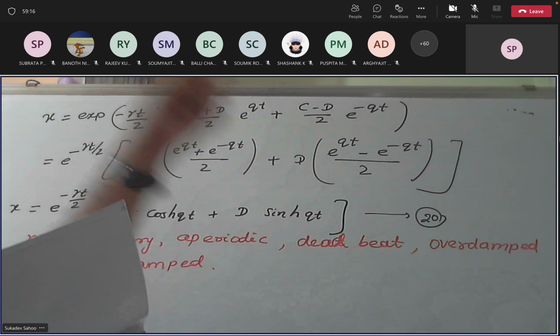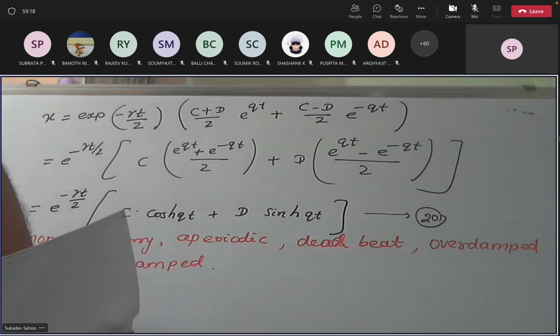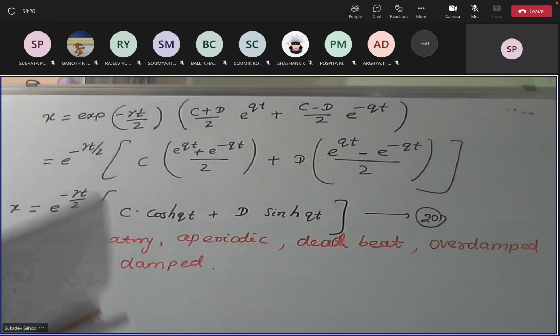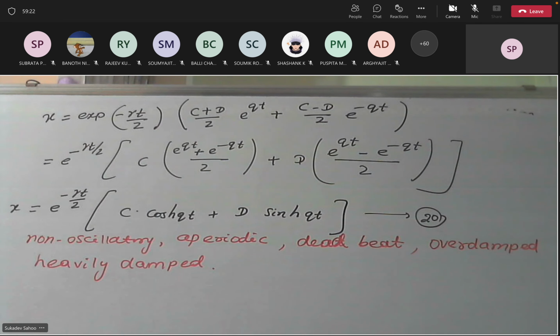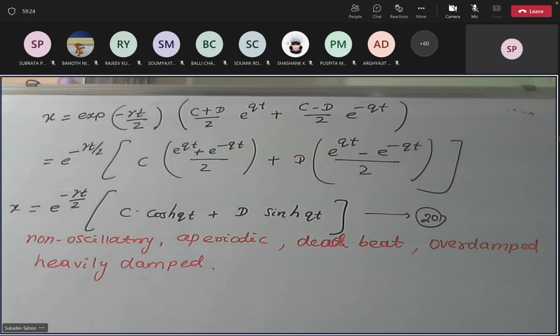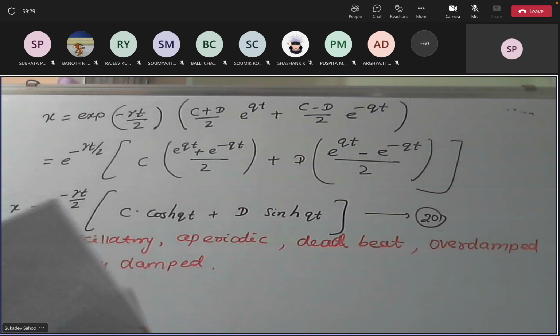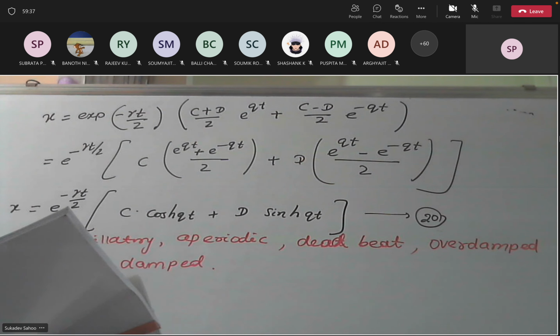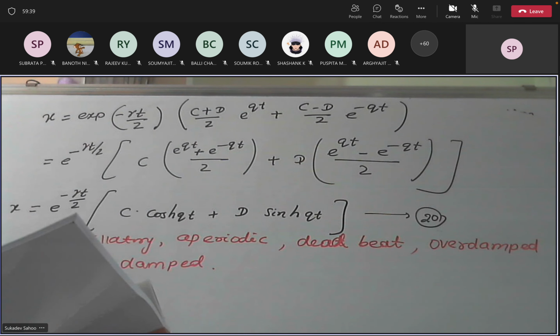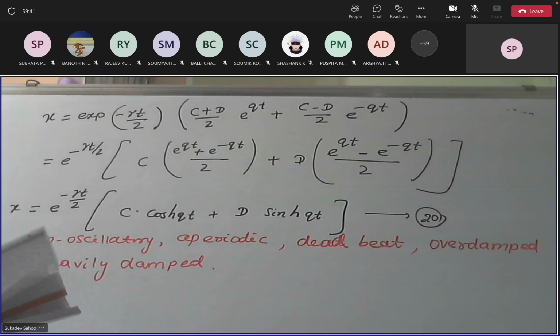I think all of you have read about the moving coil galvanometer. You have read in your 10 plus 2 classes, where this displacement decreases or decays exponentially with respect to time. I think you have done that experiment. That is the case of a moving coil galvanometer, or a pendulum immersed in a highly viscous fluid.